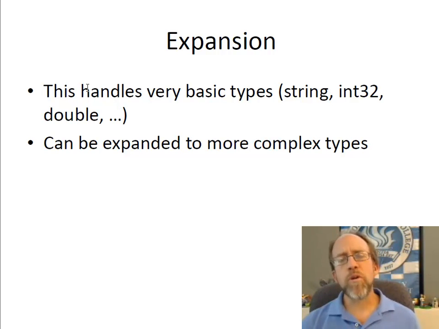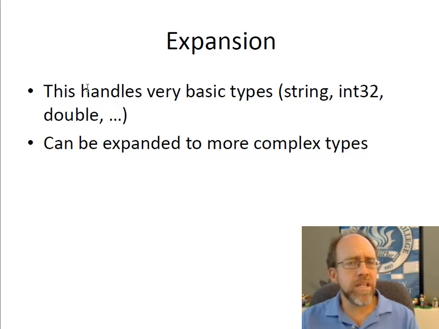When you start dealing with more complex types, in other words objects that you've created that you need to convert into XML, or things like dictionaries, lists and arrays, you need to have the ability to handle those complex types.